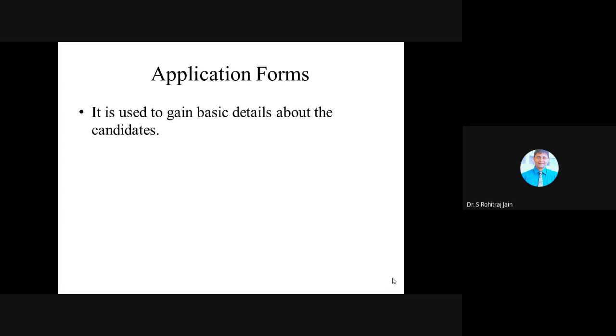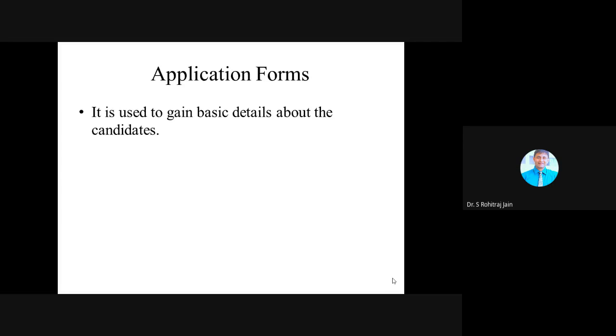This comprises details about the candidate's educational institutions, such as the school, college or university, the course studied, the duration of the study, the medium of study, and the marks, which is very important. This type of information is most important for any organization.